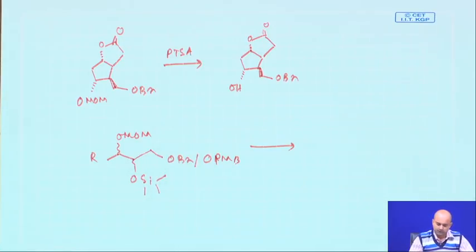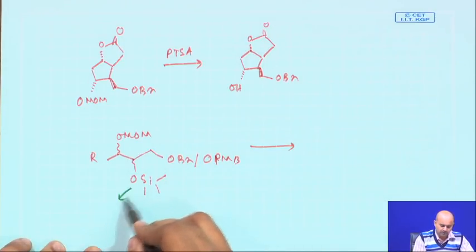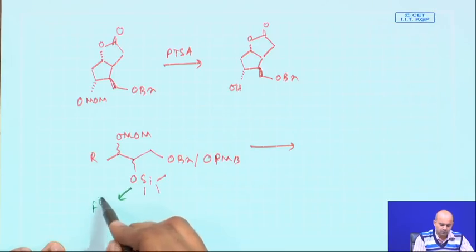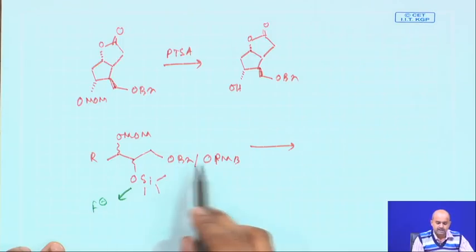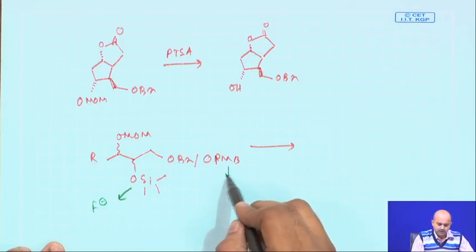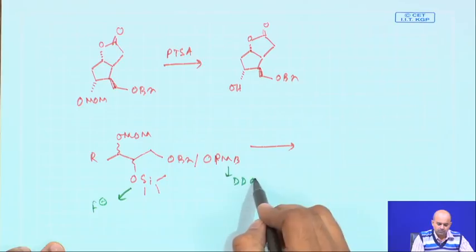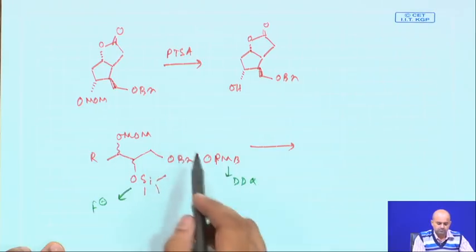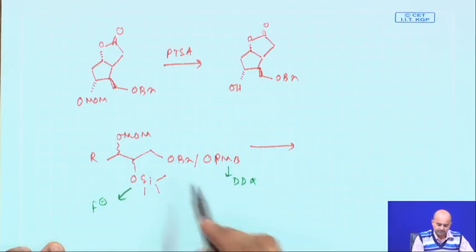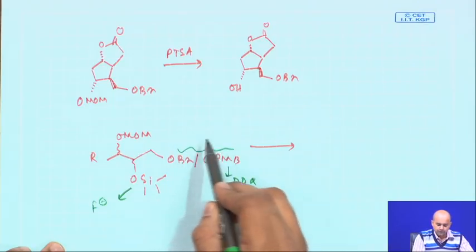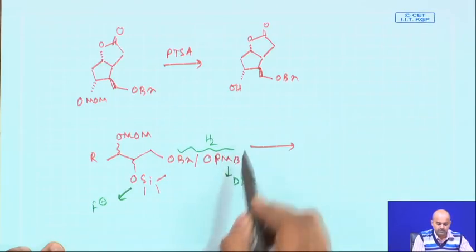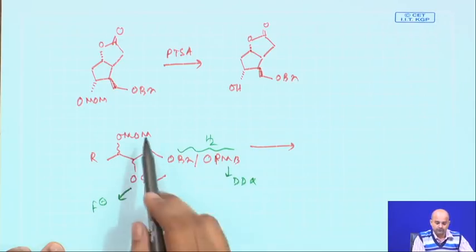Silicon can be easily clipped by a fluoride source, and the other two groups won't be touched. Benzyl and PMB can be clipped by DDQ, and the other groups won't be affected. Benzyl and PMB can both be clipped by hydrogenolysis with simple hydrogen and palladium on charcoal, and the other two groups are not affected.